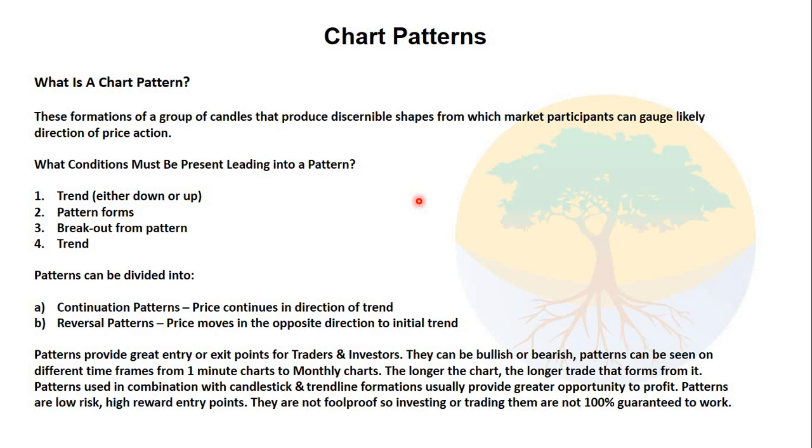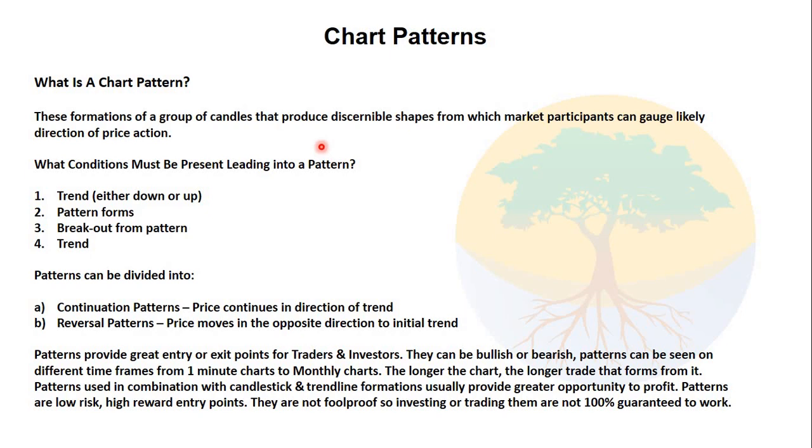So it can either be a downtrend or an uptrend, or in other cases, it can also be in a hold trend. Then the pattern must form after the trend. After it's formed, then there must be a breakout point. This is where the pattern ceases to continue, and price shows that it's moving in a different direction. After the break of a pattern, the trend would change into another direction.